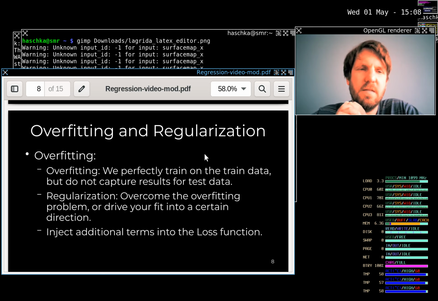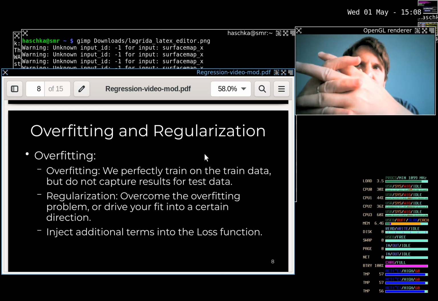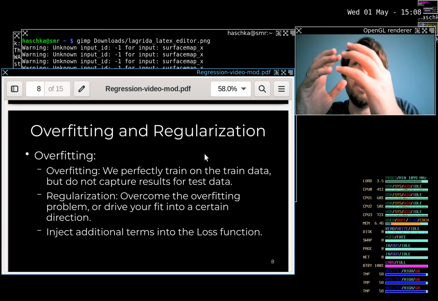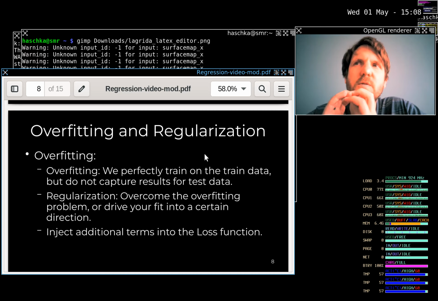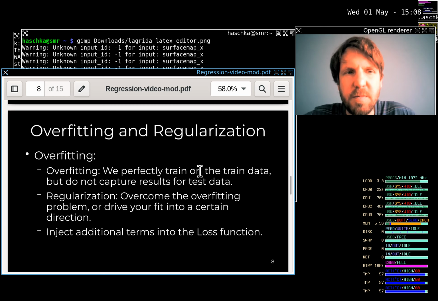This is a typical overfitting artifact. The model predicts too well for the data that you show it, but it doesn't generalize to the whole system. So sometimes it's just better not to train too much, not too accurately, because then the model generalizes in a better way. Okay, this is the whole story behind this.